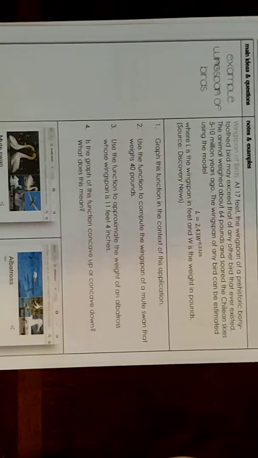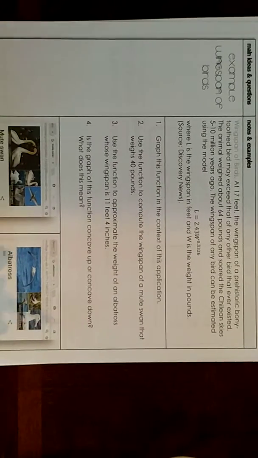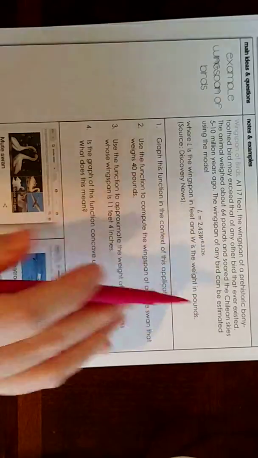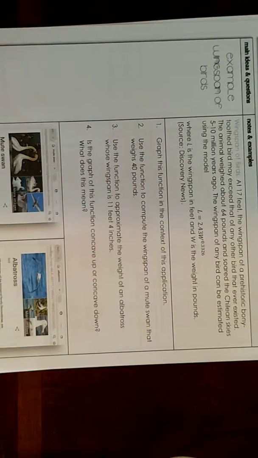Let's examine the wingspan, okay, of birds. So this reads, at 17 feet, the wingspan of a prehistoric bony-toothed bird may exceed that of any other bird that ever existed. The animal weighed about 64 pounds and soared the Chilean sky 5 to 10 million years ago.